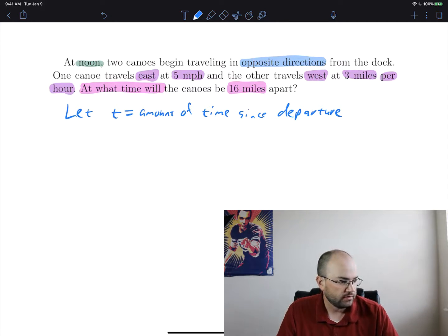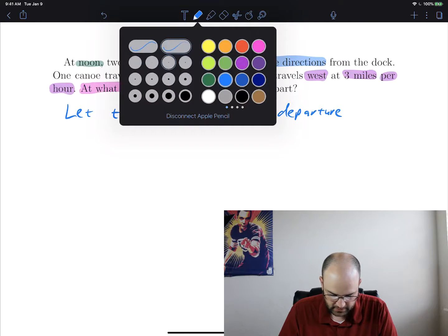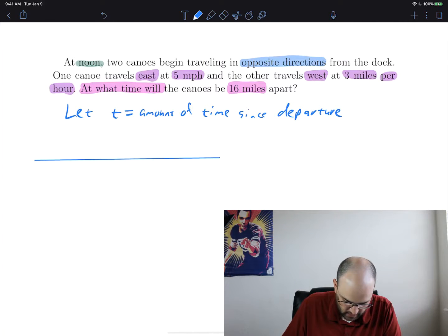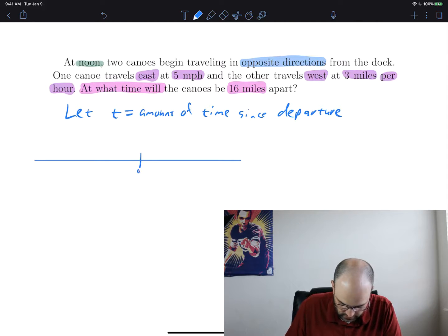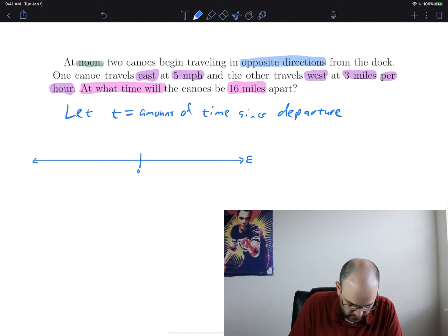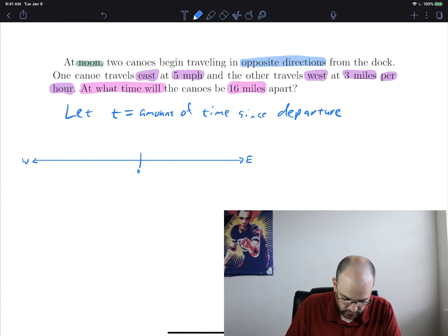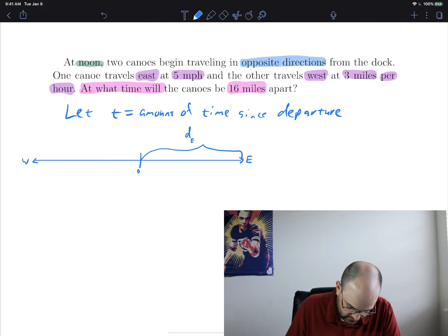Okay, so let's use this. First of all, they are traveling in opposite directions. So if this is the origin, one's going east and the other's going west. Now notice that the one going east will travel that much.